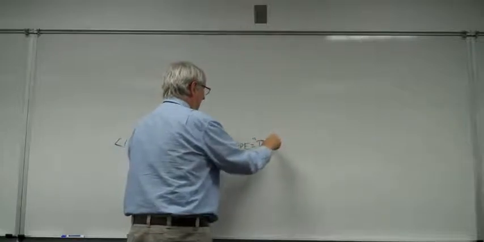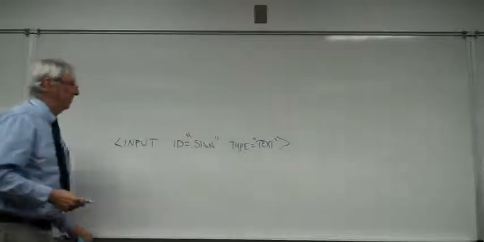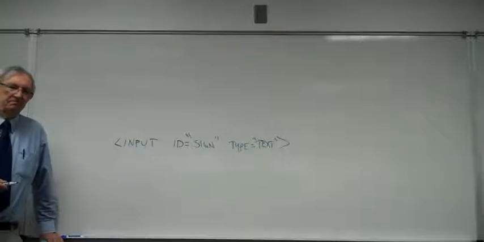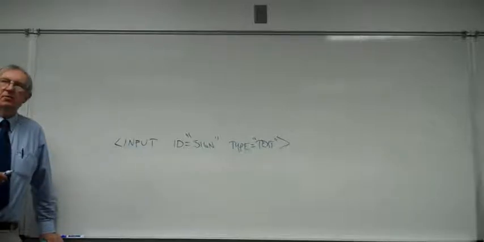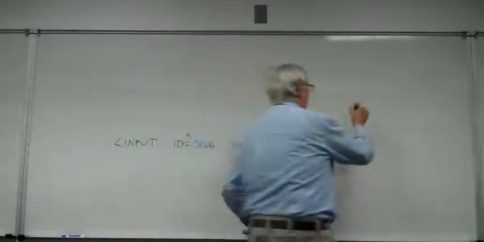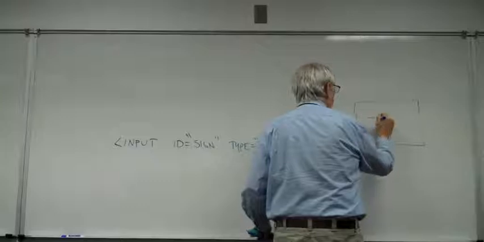But what they do is they give you room enough for, I'd say, in normal font, probably about 15 letters in normal size font. In other words, when you say this, it'll automatically create an input area on your screen. Like so.